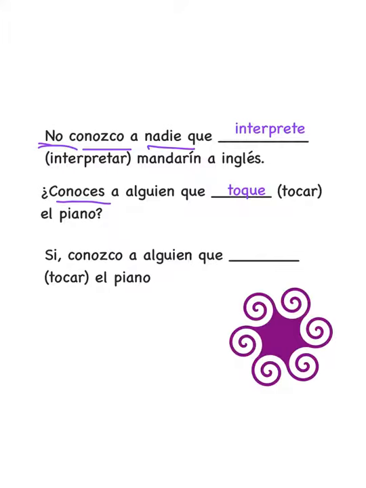We have conozco, but the problem here is that we are answering in the affirmative, that yes, we do know someone who plays the piano. Therefore, we're going to use the indicative. Sí, conozco a alguien que toca el piano.